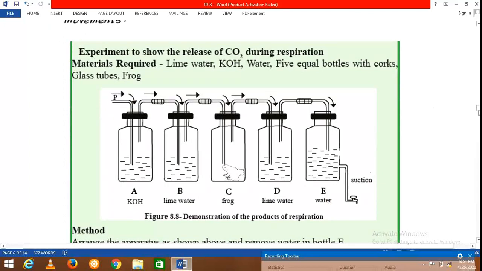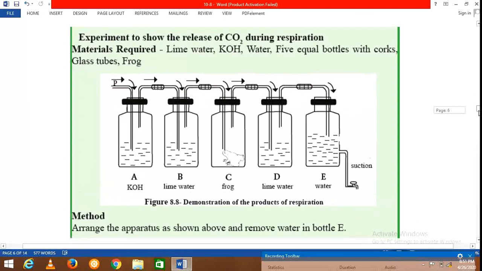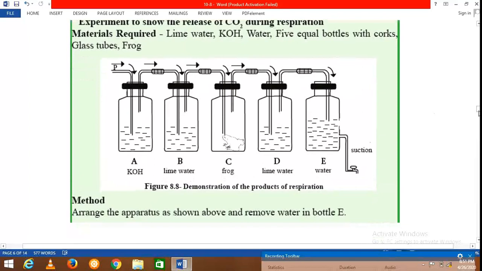If I explain the setup first, the materials required are lime water, that is calcium hydroxide, potassium hydroxide, water, 5 equal bottles with corks, certain glass tubes, and a frog.